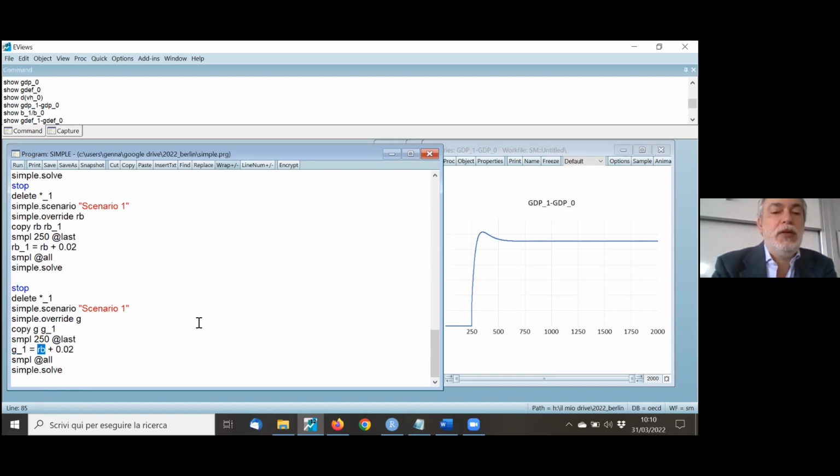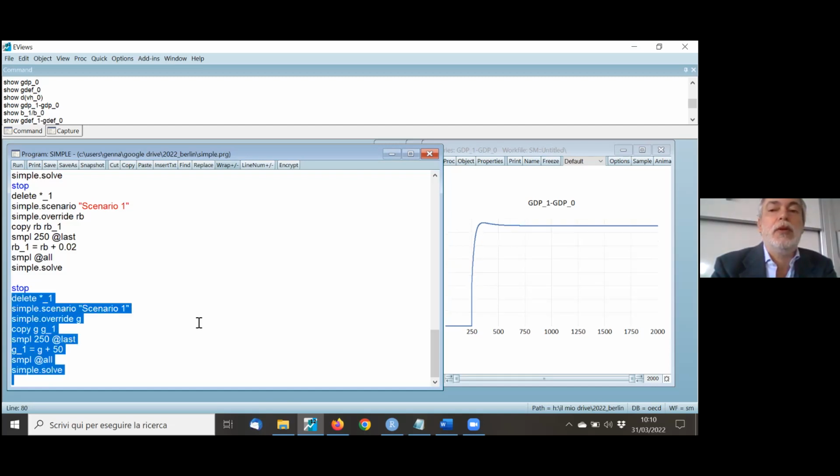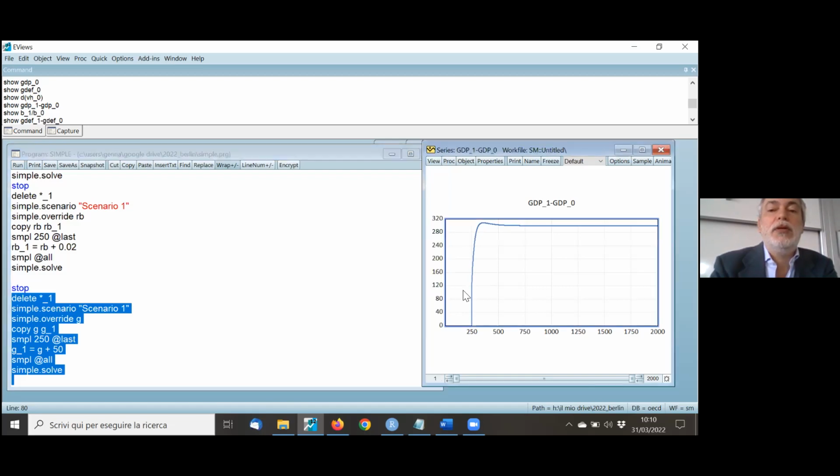And let's increase this by, I don't know, 5% of GDP. So this is the multiplier, which is very large. Let's see what happens to the utilization rate.